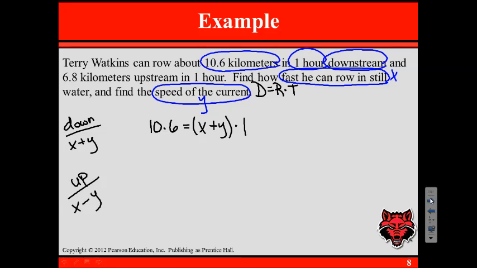Now for the upstream information, it says he can row 6.8 kilometers upstream in 1 hour. So our distance is 6.8. Our rate we've already found, x minus y, and our time is still 1 hour.